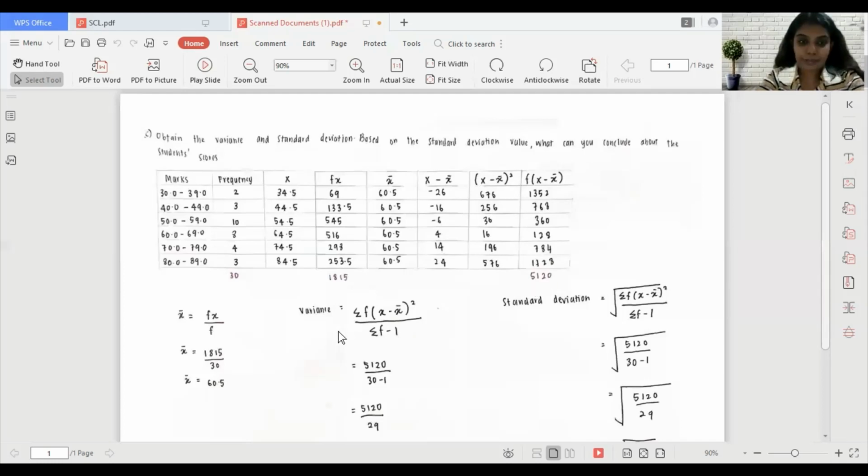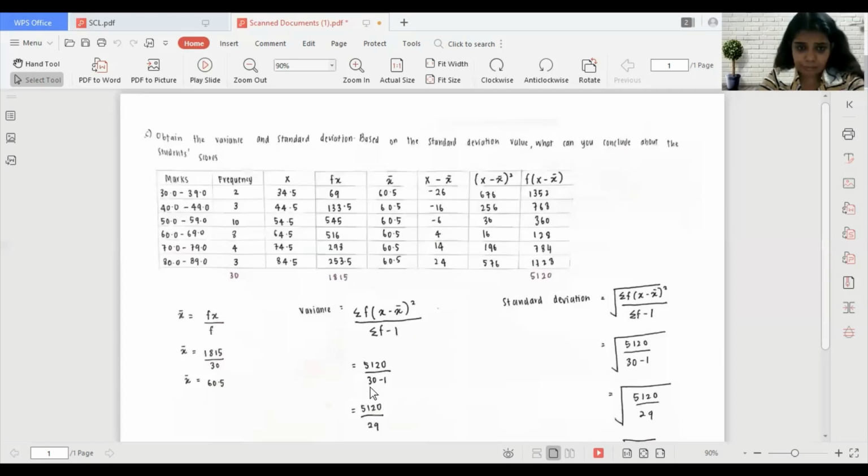To find the variance, we have to follow the formula. I've already gotten the sum of the first half, which is 5220, because we have already squared it.